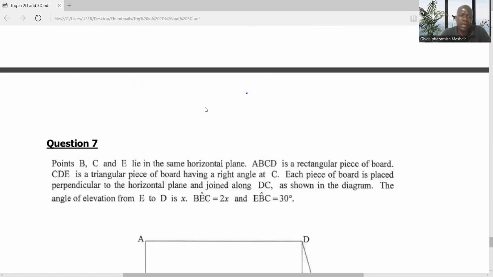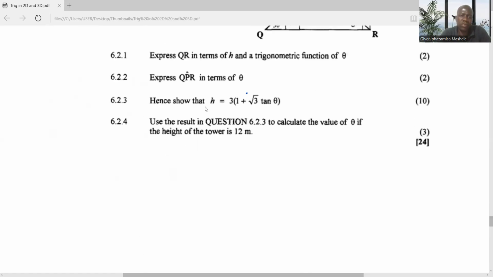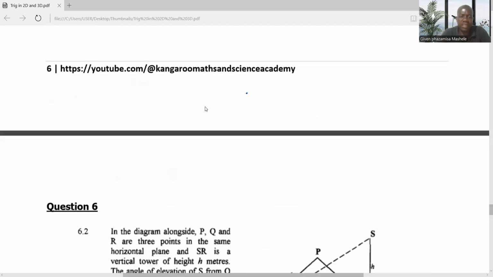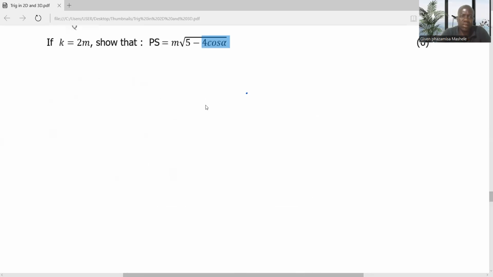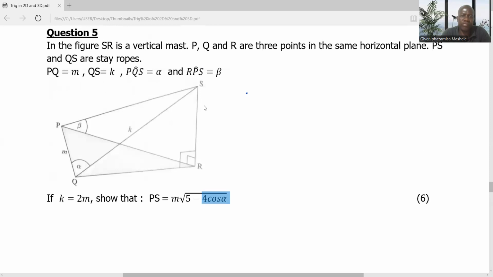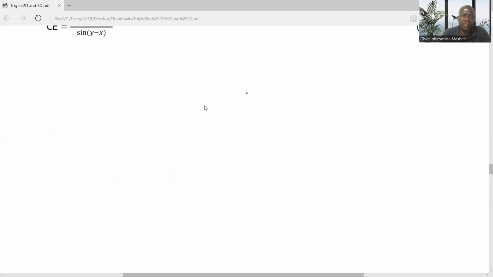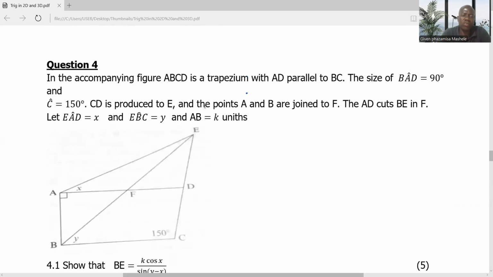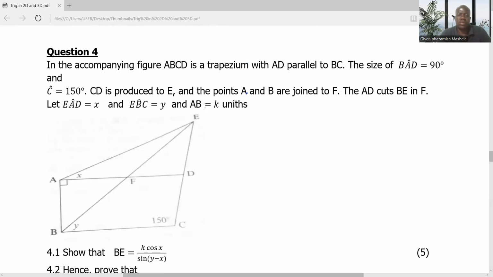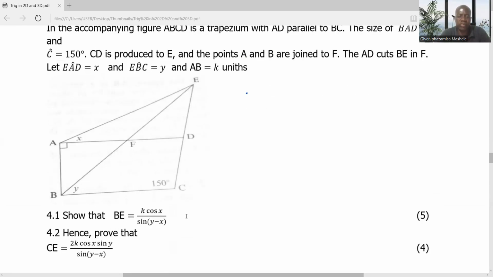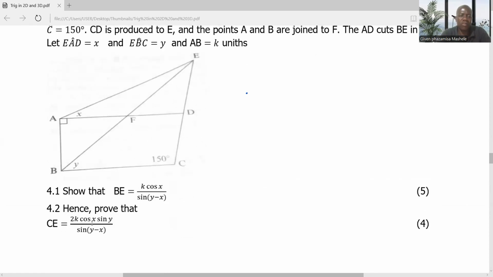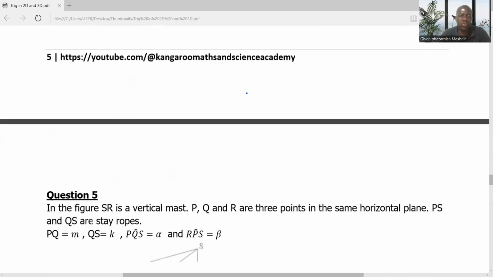Right. I think if I can just go through question 6 and 7, then on your own, you'll try to do question 5 and question 4 on your own. So you just pause, then you do it on your own. You prove that, show that B equals K cos X over sine Y minus X. Then even 4.2.